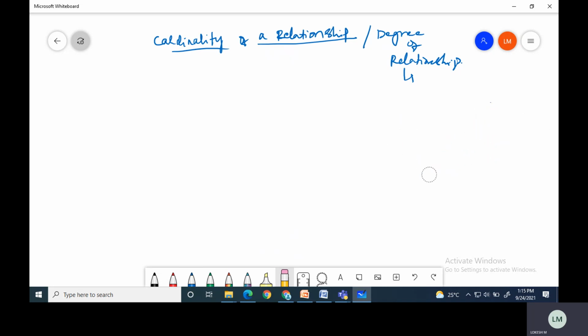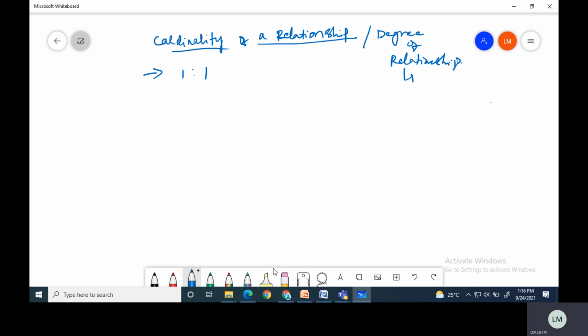Okay. Now we have four different types of cardinality ratios. The relationship cardinalities specify how many of each entity type is allowed. A relationship can have four possible connections. One is 1 to 1.